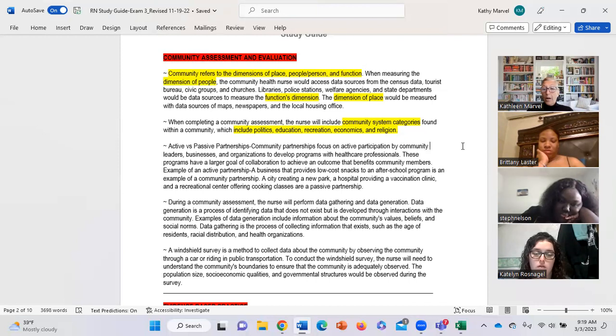What are they? Here they are. This will look different in different communities. The politics of one community may look very different from another community. The education may look very different from one community to the other. Religion may look different from one community to the other.